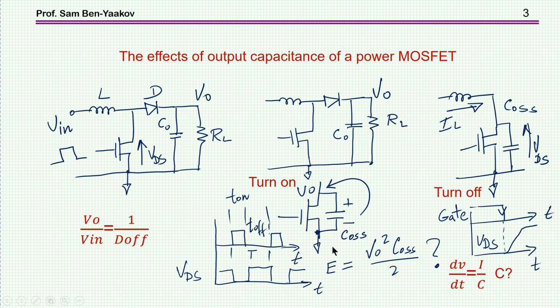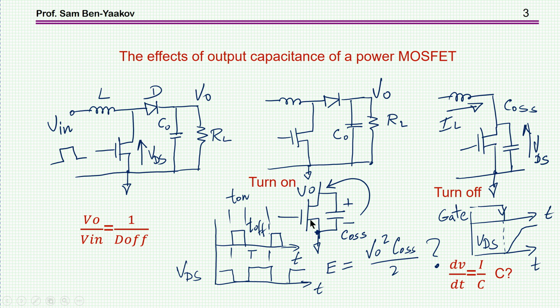Here is the transistor. While it was off, the voltage here was the voltage at this point. The diode was conducting, so this is basically V out. So this output capacitor is now charged to V out. As this transistor is turned on, all the energy of this capacitor is dumped into the transistor. This is a power loss.